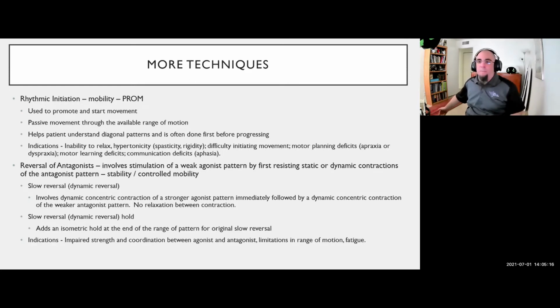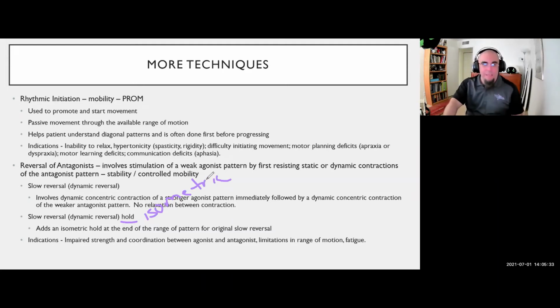Now I start moving you up and in and you're pulling me down and out. So anytime you see a hold on any of these PNF patterns, what I want you to think is isometric. There's an isometric contraction going on.